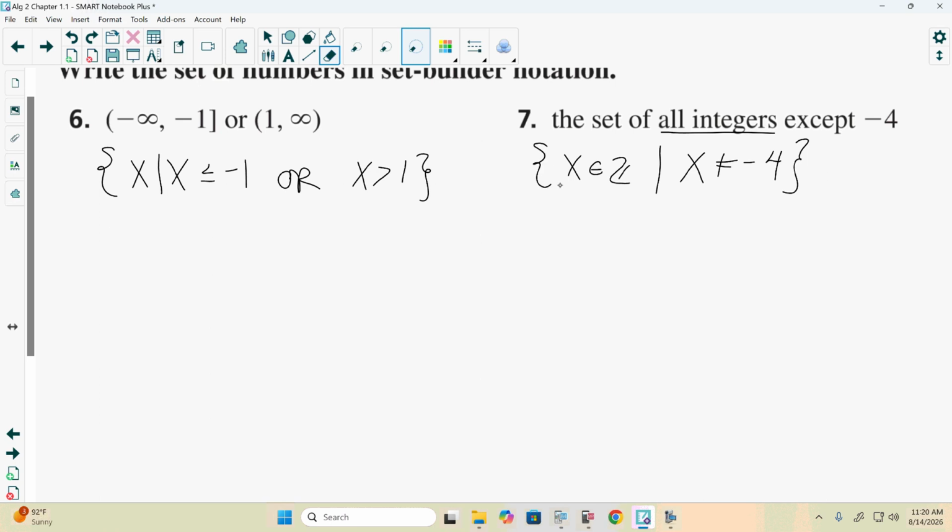Brace x element of the integers such that x is not equal to -4. Questions on this here? We ready for the next one?